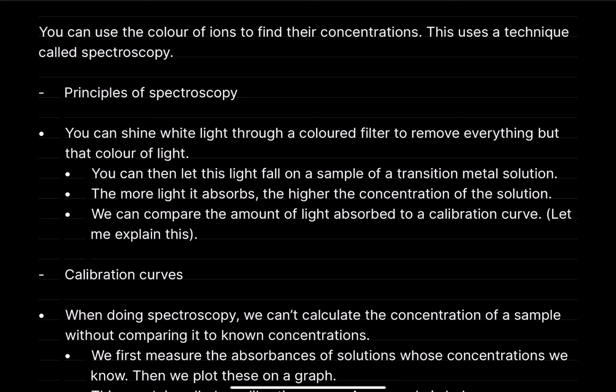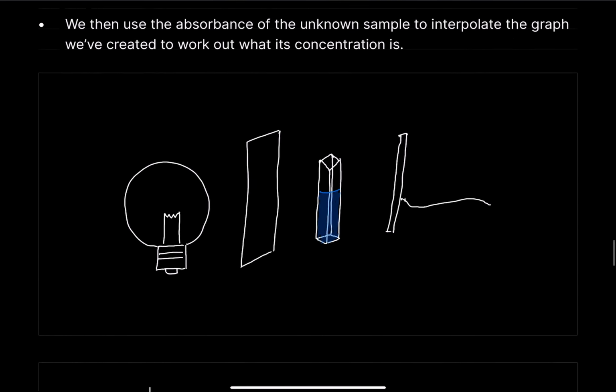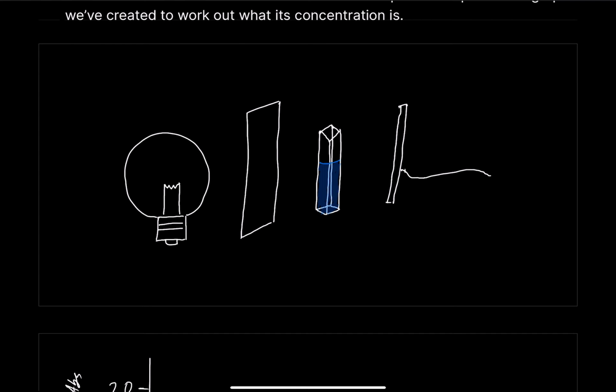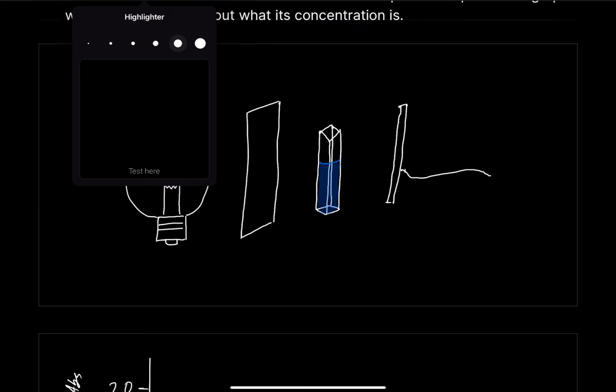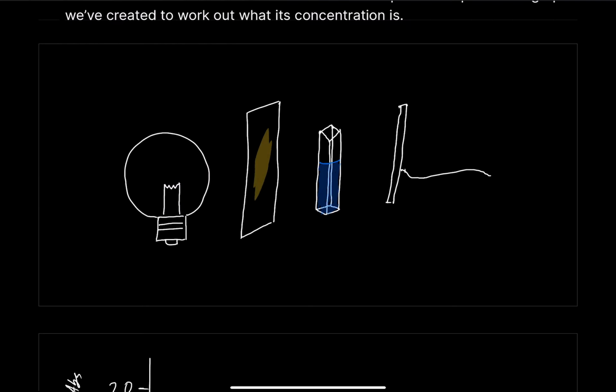I'll show you a diagram below to make it a bit easier. Actually, I'll show you here. So this is the white light, and let's use a yellow sample here. I'm not going to color it in too much detail, but you get the idea, right? It's a yellow filter.